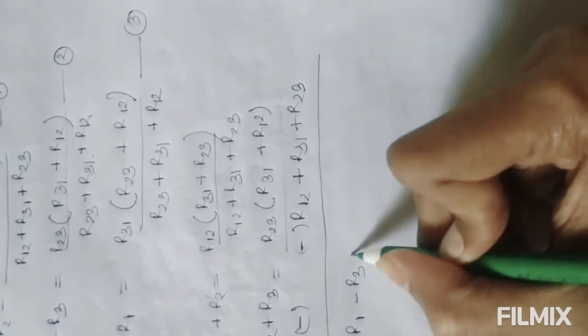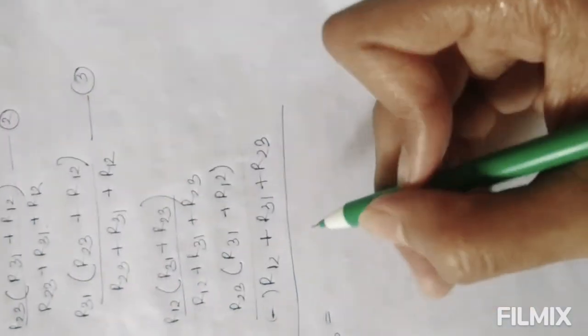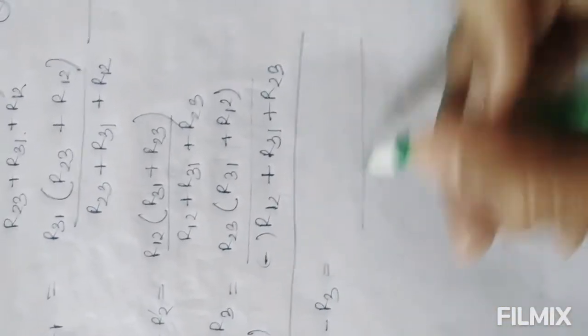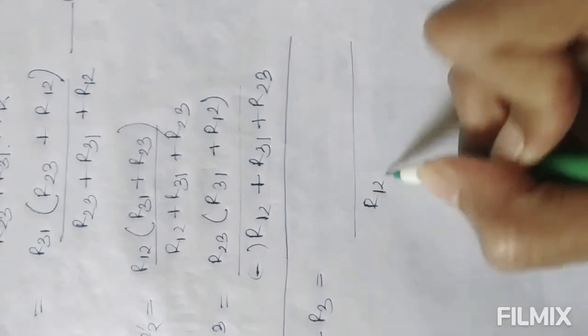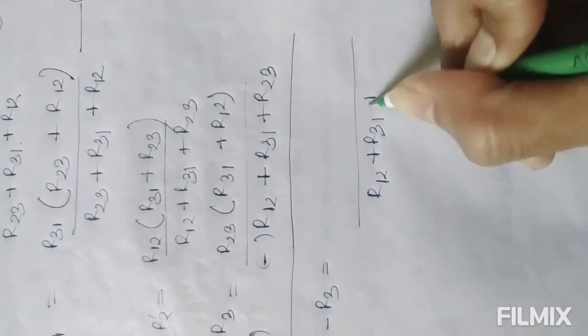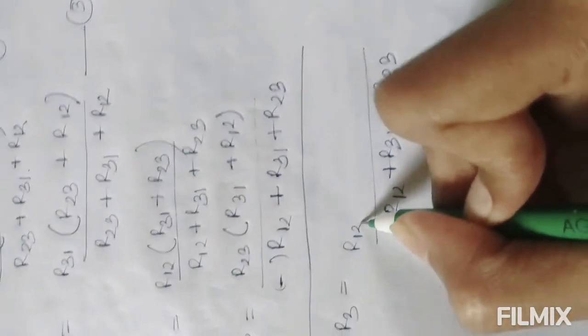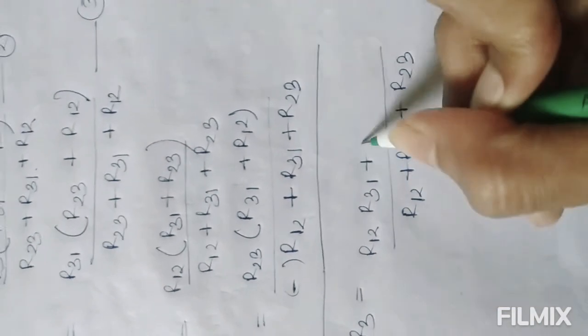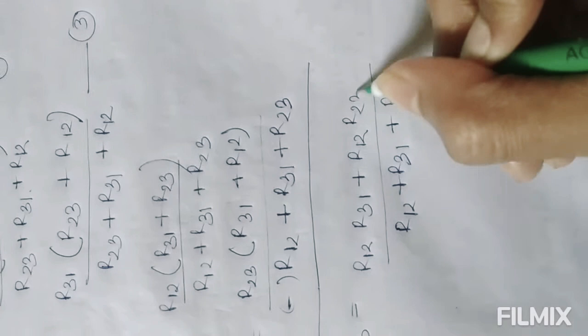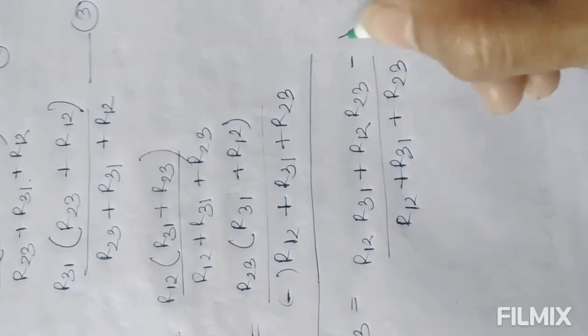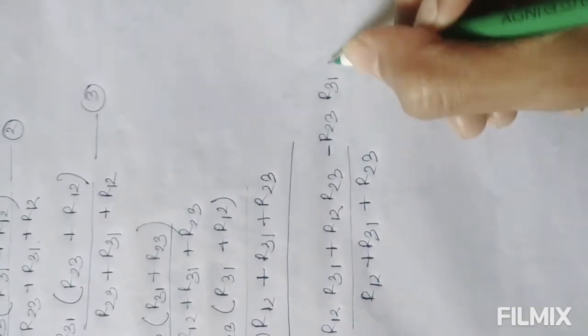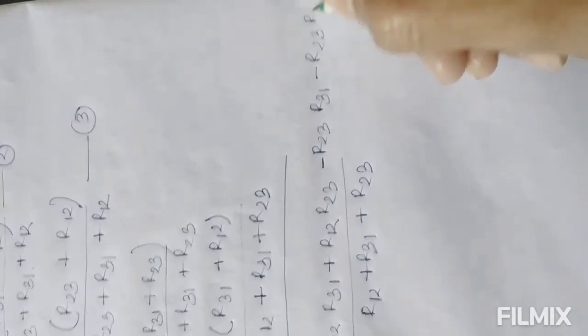R1 minus R3 equal to, we write directly, R12 R31 plus R12 R23 minus R23 R31 minus R23 R12, all over R12 plus R31 plus R23.